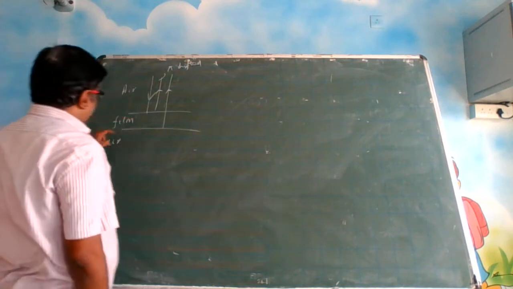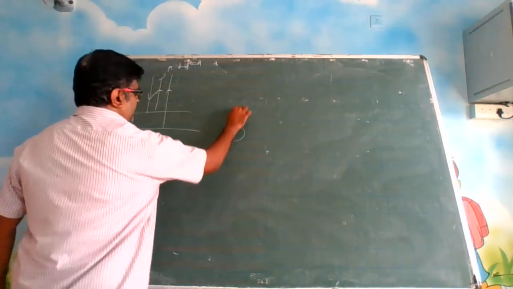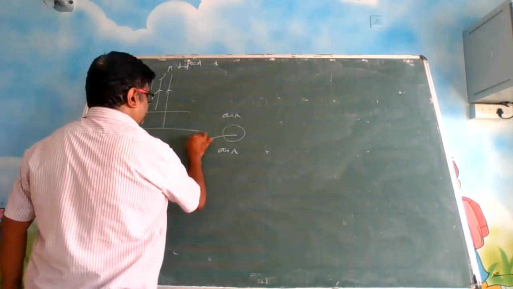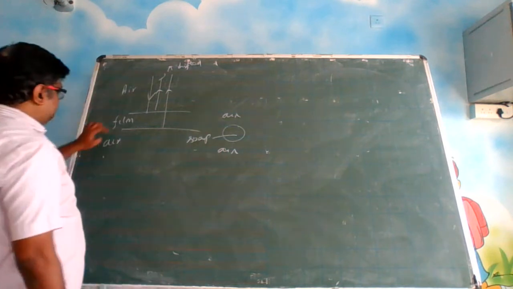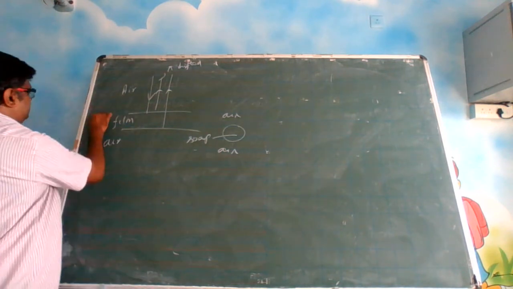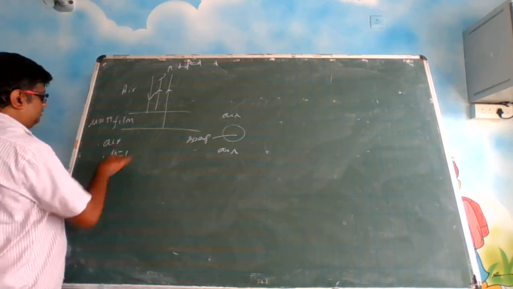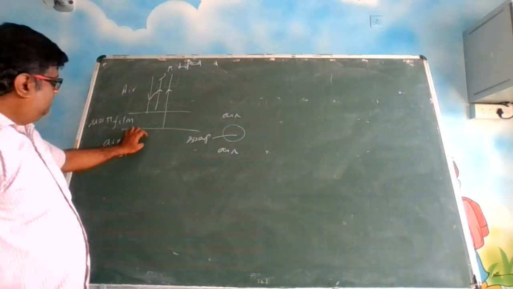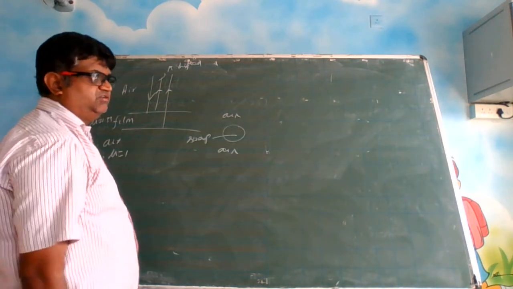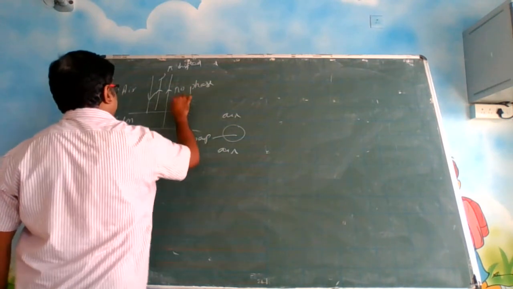When you see a bubble in the air, here there is air, here there is air, and here there is soap. So this is from soap to air. Here mu is 1.33 and here mu is 1. So it has entered a rarer medium. So the second ray will not be pi shifted. It is as it is, no phase change.